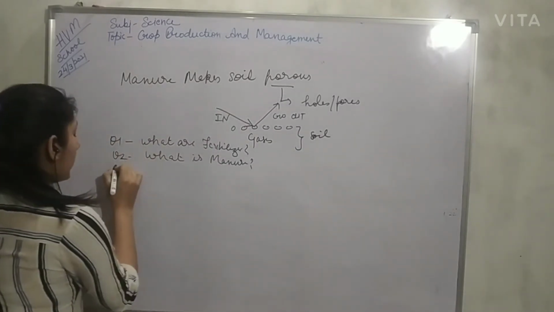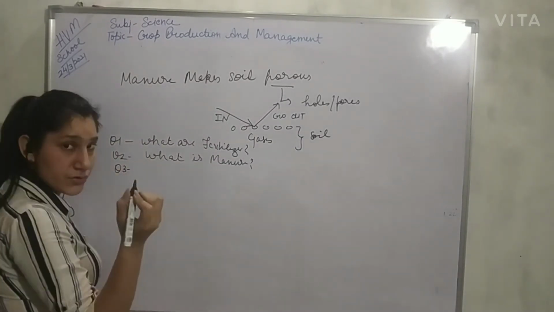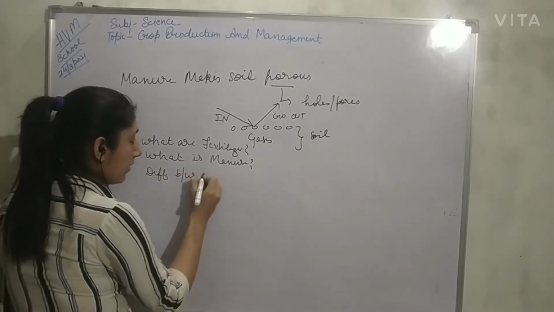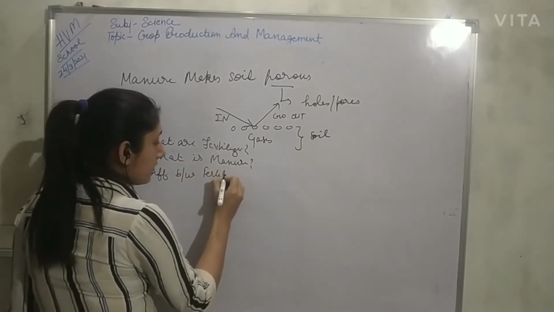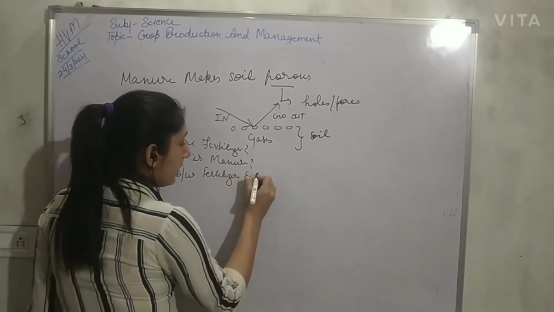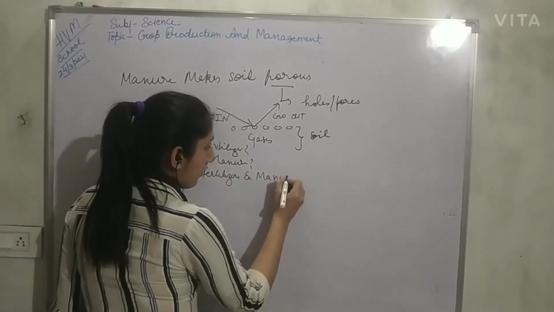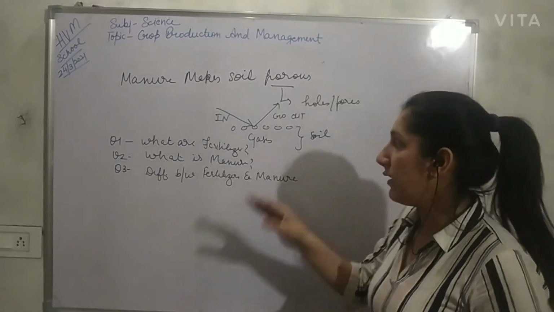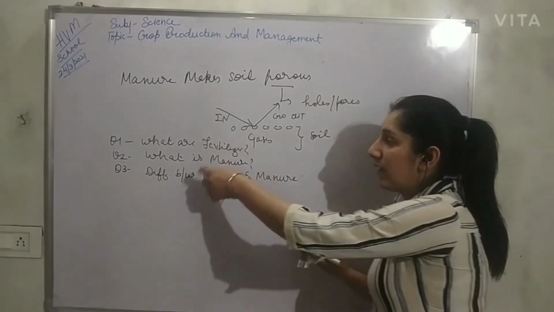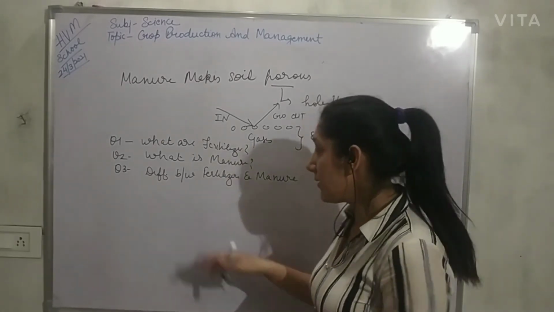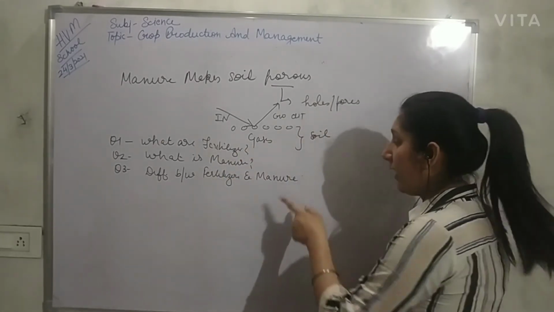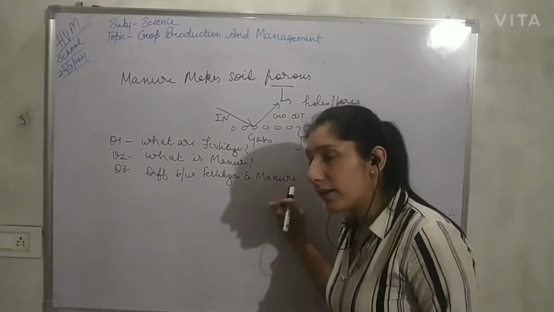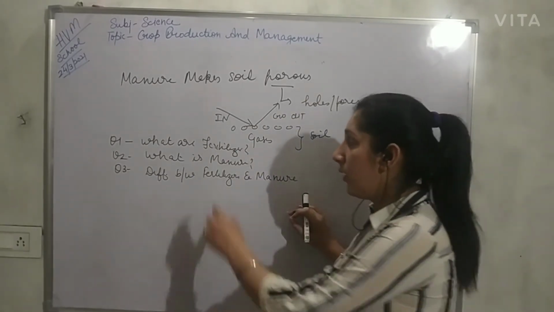And the third question that can be asked to you is the difference between fertilizers and manure, right? And that we did. Fertilizers are made in factories, they are inorganic, and manure is produced in the fields, it is organic and natural.